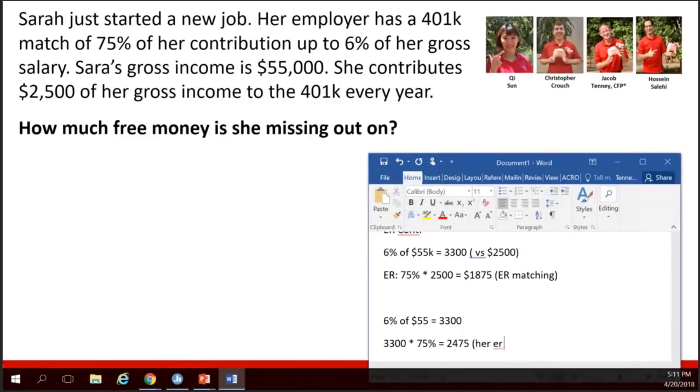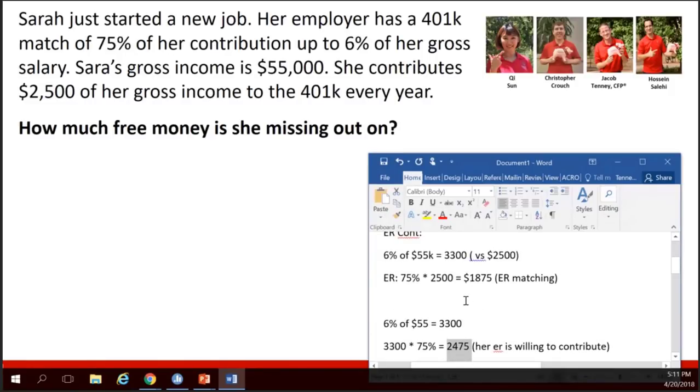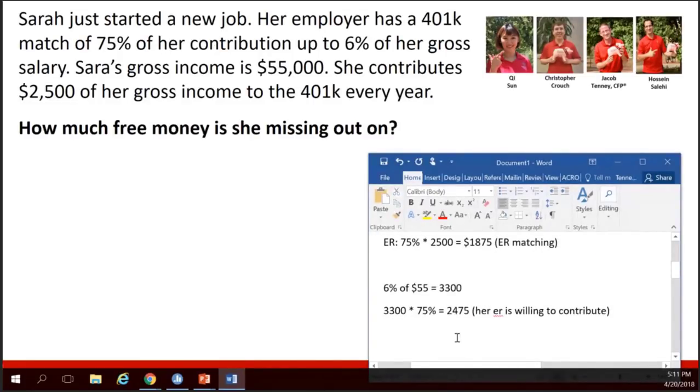So her employer is willing to contribute that much. All right. So now you need to find the difference between this number that her employer could have contributed, and the actual employer match. So the difference is going to be the money that she's missing out.